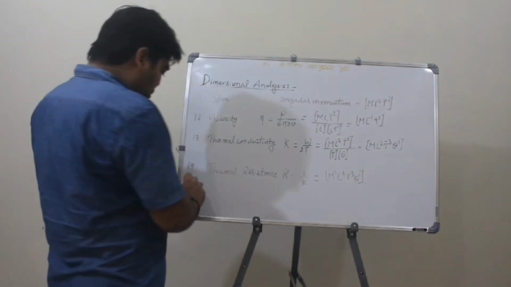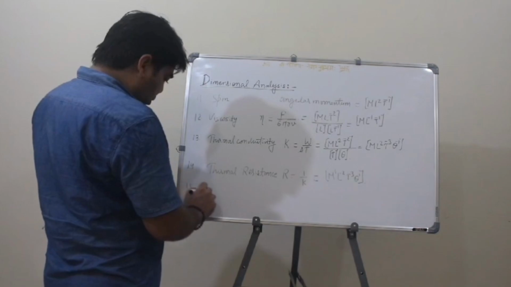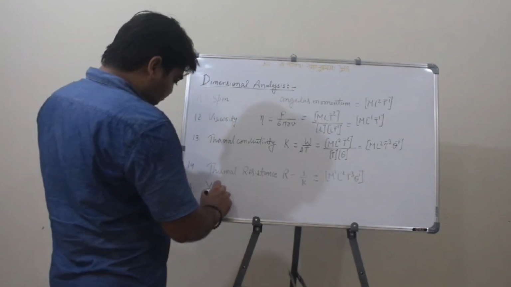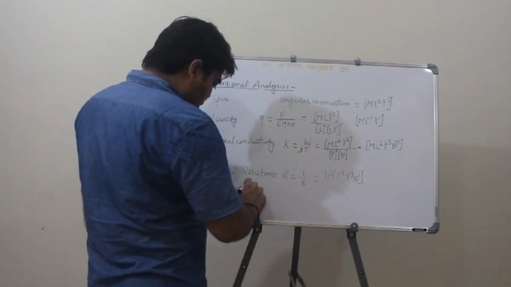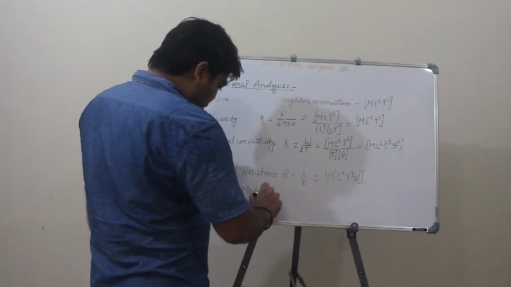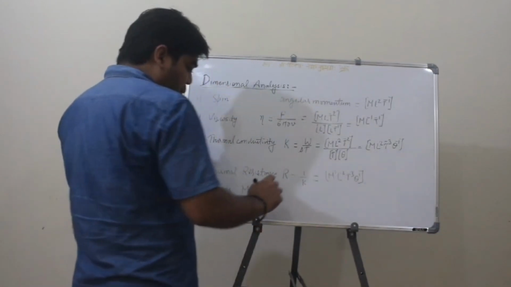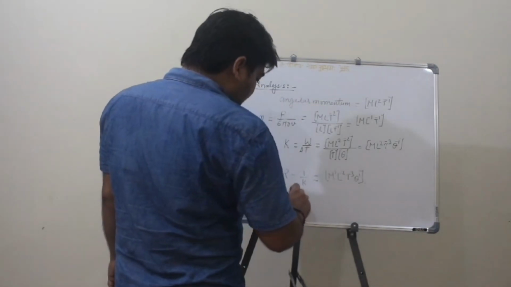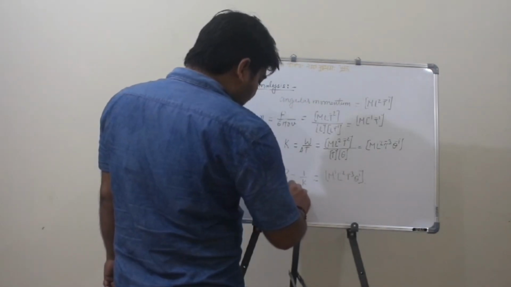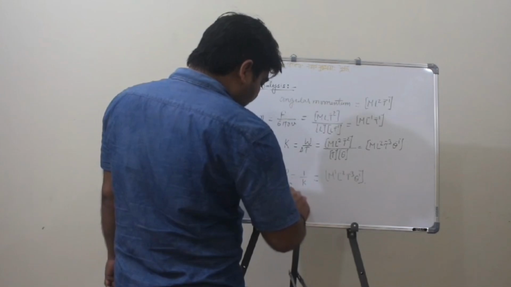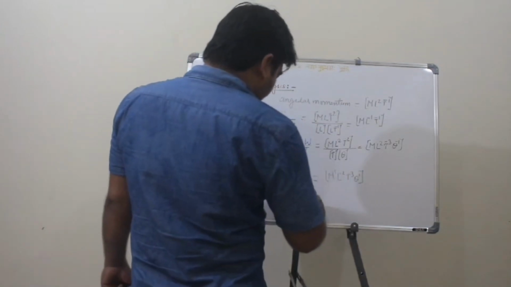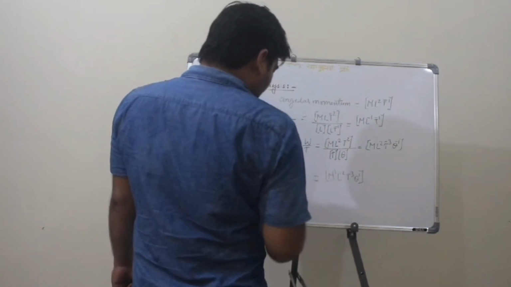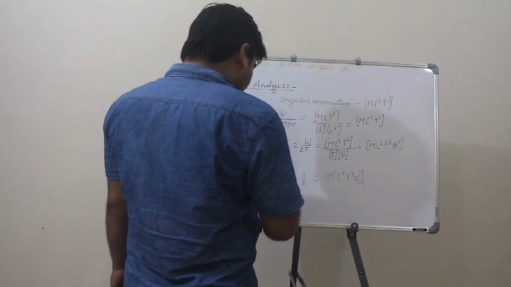Now let us go to the Young's modulus. Young's modulus is related to stress divided by strain. Now stress is nothing but force per unit area, and strain is delta L by L, so it is a unitless quantity for a simple case.